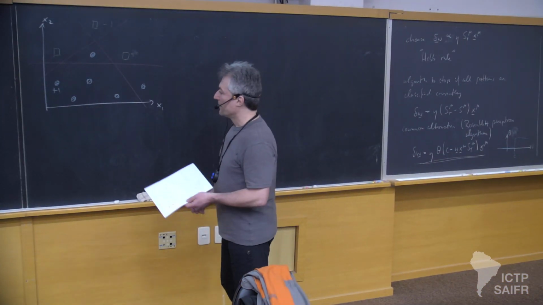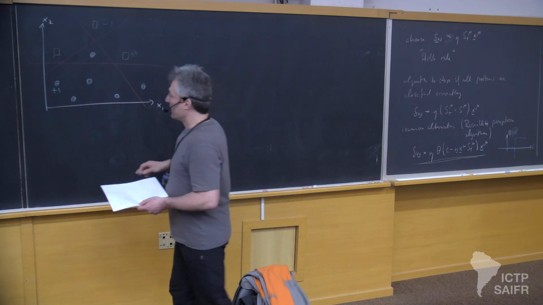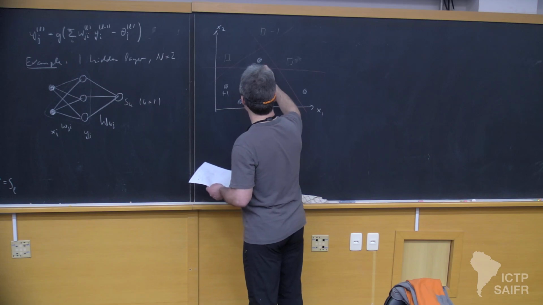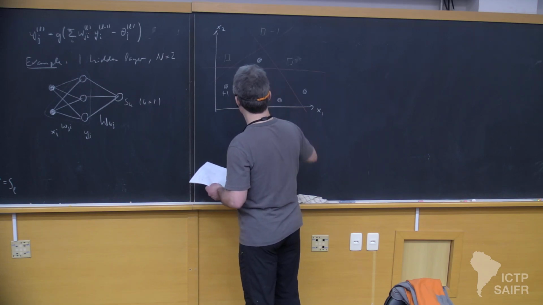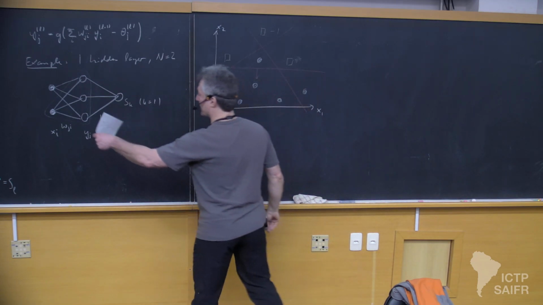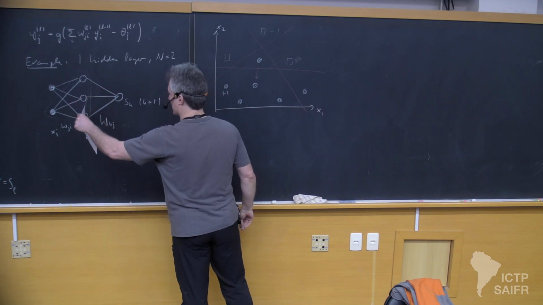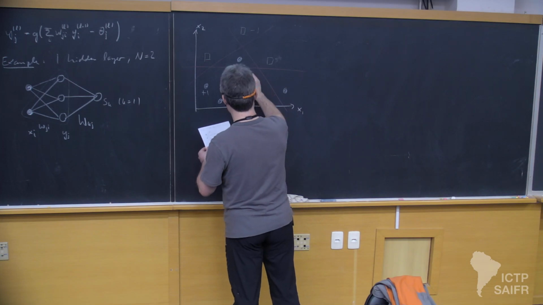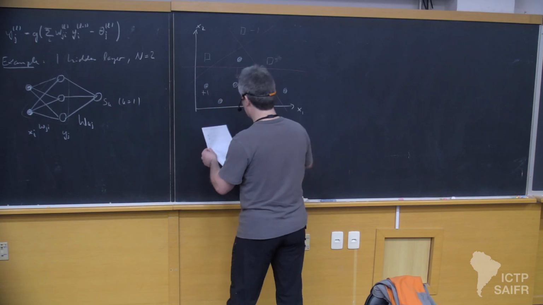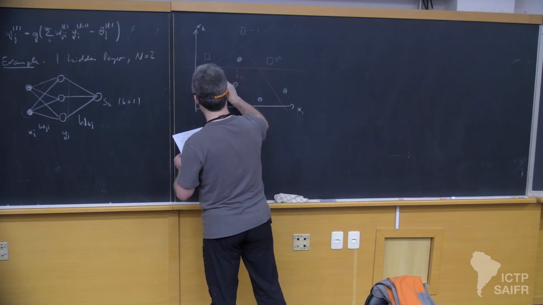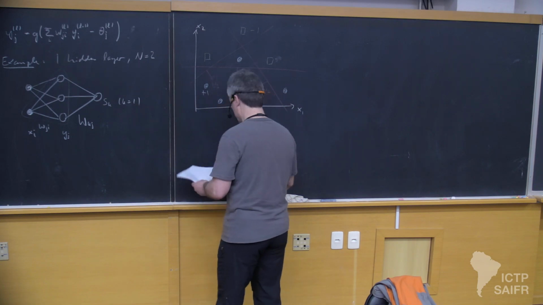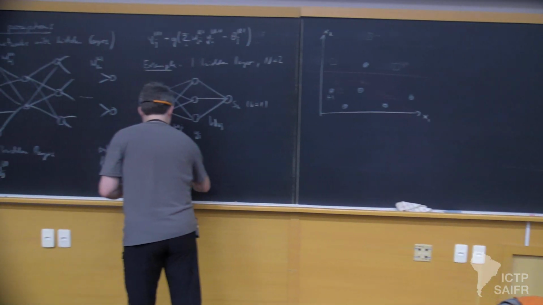And actually, I can choose the weight vectors in the first layer so that these separating boundaries correspond to the 3 different neurons in the hidden layer. Namely, this here is W1, this here is W3, and this here is W2. And they are defined, this W with an index, in the following way.